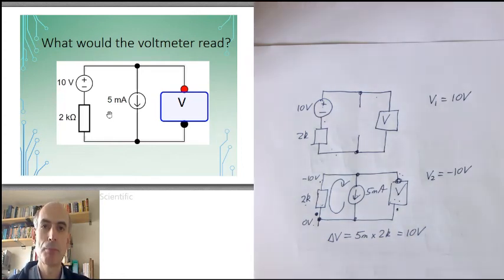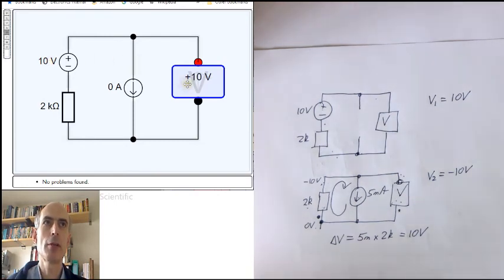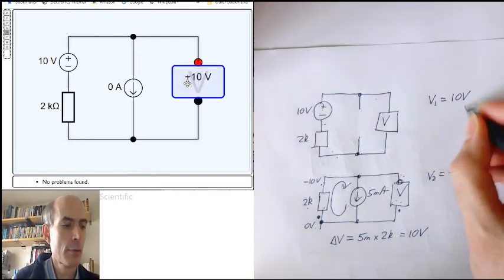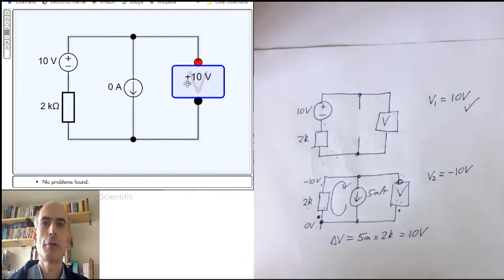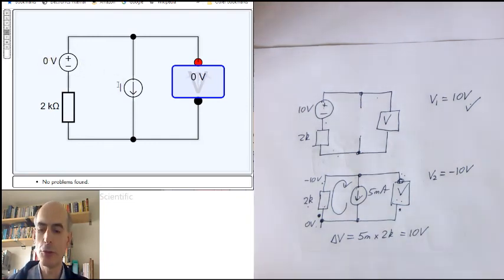Does it work? Well, back to the simulator again, and we'll give it a try. Okay, I've built up the circuit here. First of all, we'll turn on the voltage source to its 10 volts, and as expected, yes, the contribution of the voltage source to the voltmeter reading is 10 volts. Turn that one off. Turn on the current source to 5 milliamps.